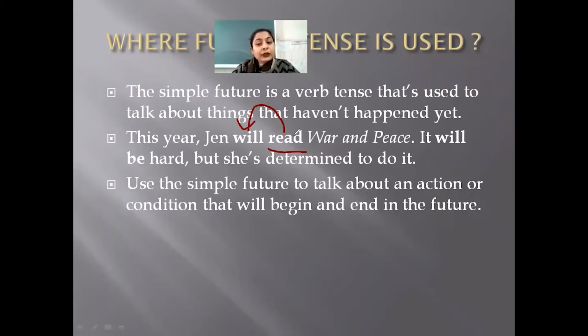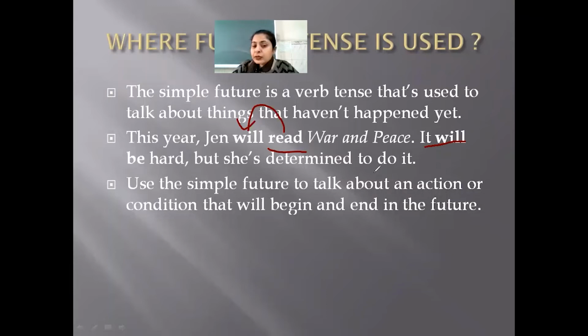Alright, it will be hard. Again, it will be hard, but she is determined to do it. ये उसके लिए मुश्किल होगा, but उसने पक्का इरादा कर लिया है that she will do it. Alright, it means Jen has not started the action yet.